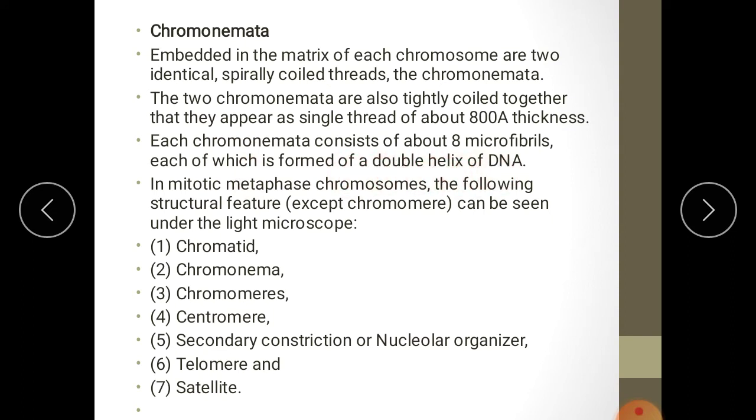So the chromosome is made up of chromonemata. Chromonema is thread-like DNA. In mitotic metaphase chromosomes, the following structural features, except chromomere, can be seen under the light microscope: chromatid, chromonema, chromomeres, centromere, secondary constriction or nucleolar organizer, telomere, and satellite.